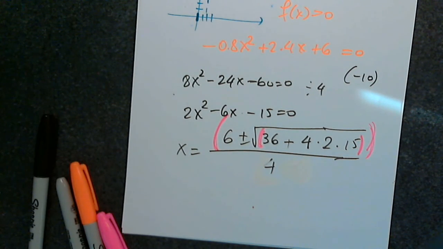Left parenthesis, and then 6 plus the square root in parentheses, 36 plus, I can do 4 times 2, which is 8, 8 times 15, close the parenthesis under the square root, outside close the parenthesis, and then divide by 4.